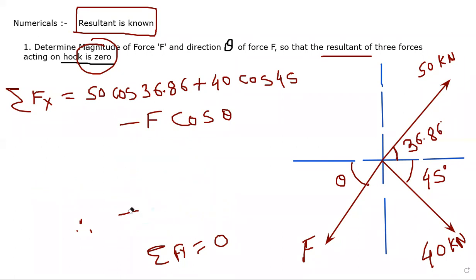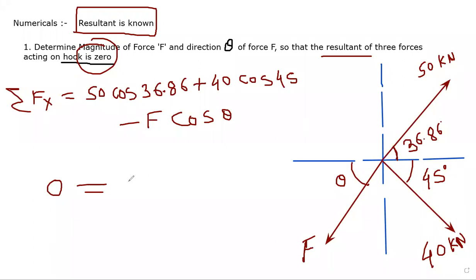Okay. Next line. Put the value, summation Fx is equal to 0. 0 is equal to, please solve 50 cos 36.86. How much is it? Please reply fast.